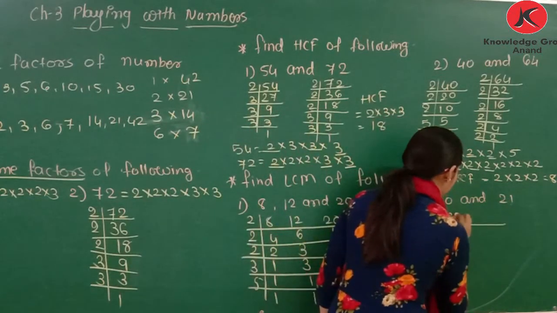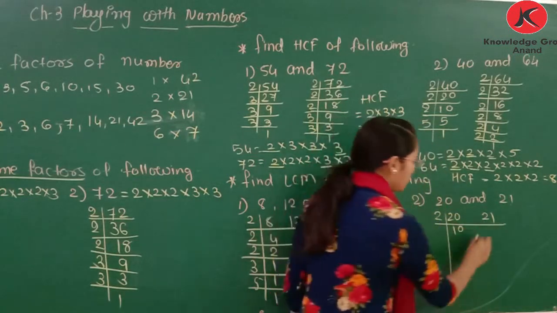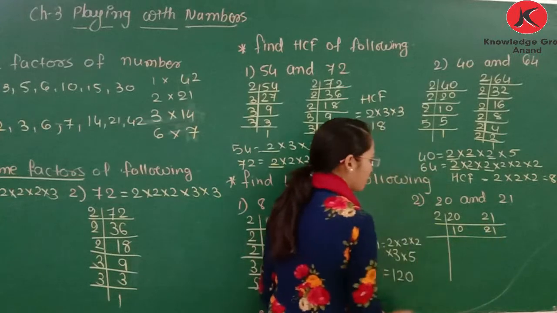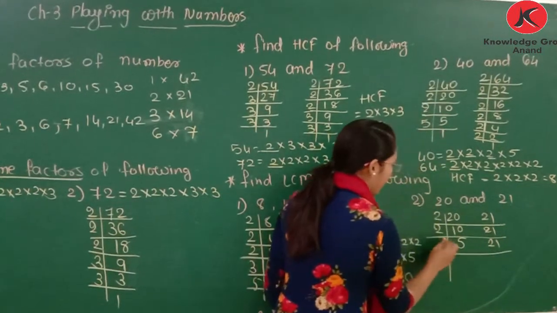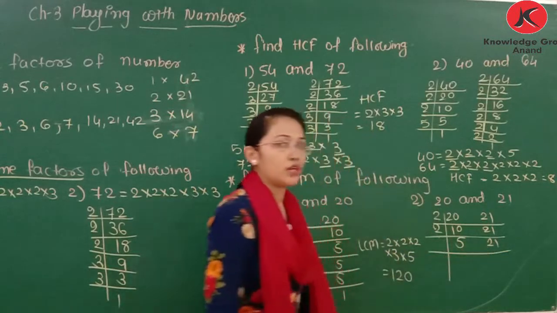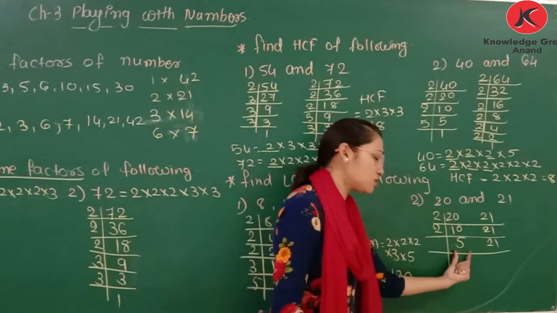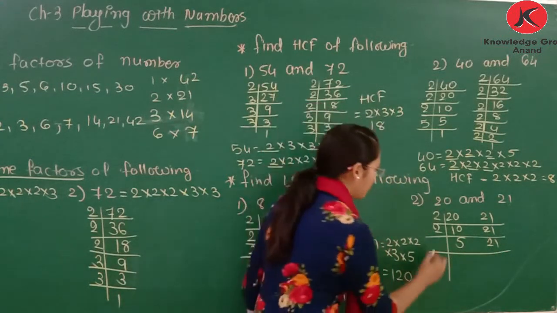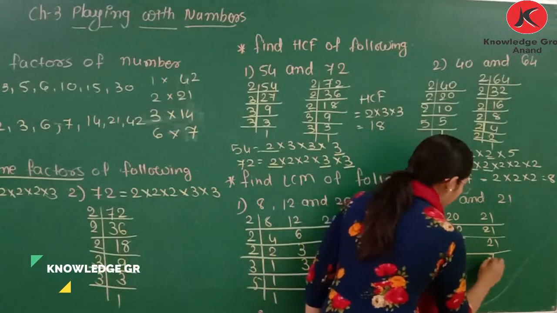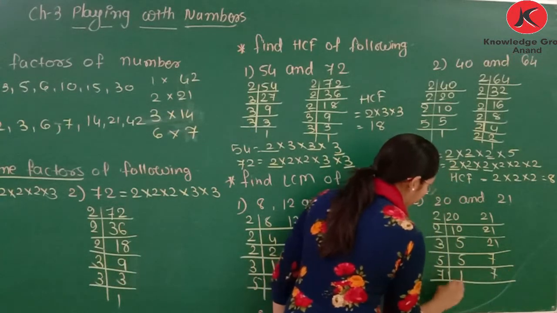Now 20 and 21. So again, 2 10s are 20, 21 is not divisible, so 21 as it is. 2 5s are 10, 21 as it is. Now from both numbers none of them is divisible by 2, so take the next prime number 3. So 5 is not divisible by 3, but 21 is divisible by 3, so take 3. Now 5 and last 7.